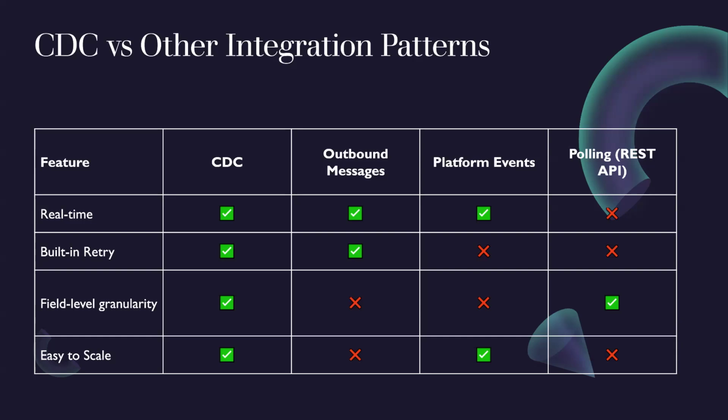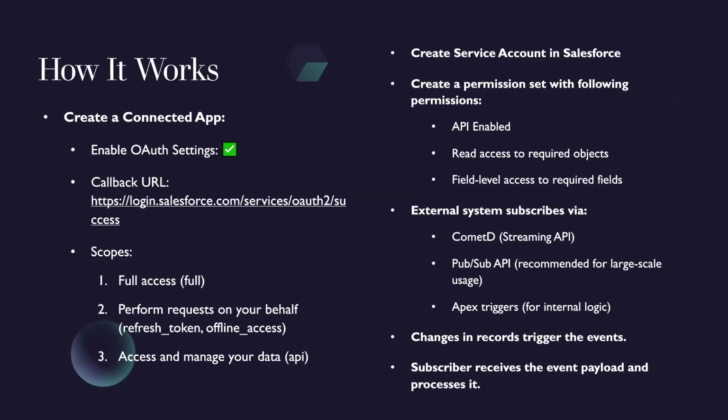CDC and platform events are easy to scale. What that means is when your data grows, it works the same way and doesn't fail, but it's very difficult with outbound messages and REST API. So that was the small comparison I wanted to share with you all.